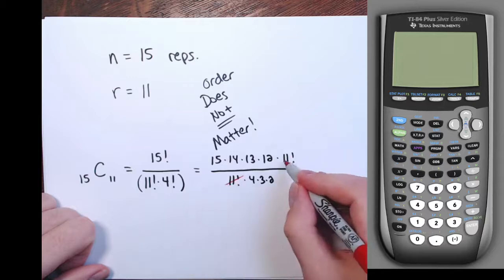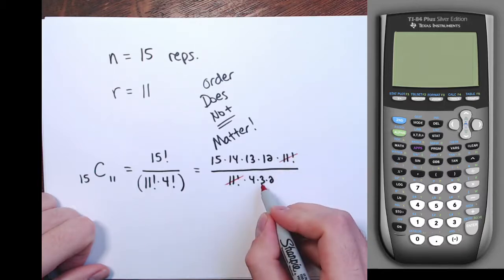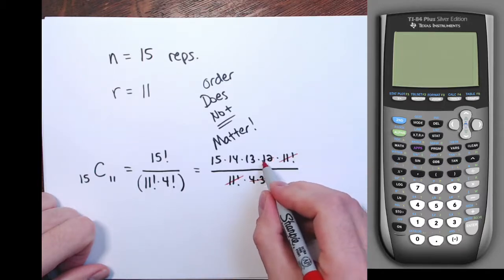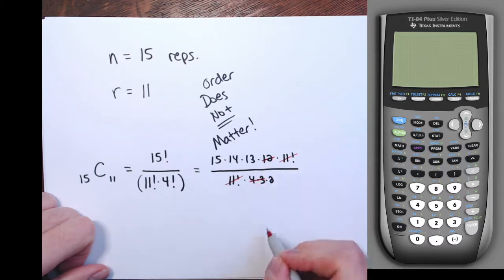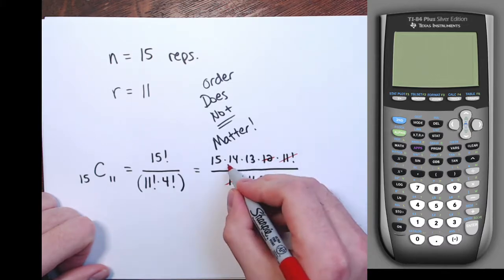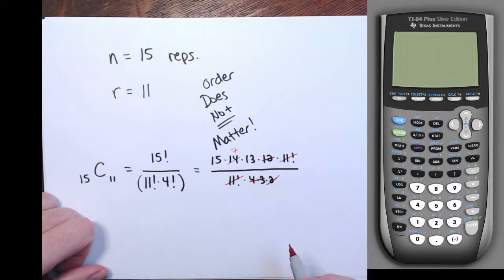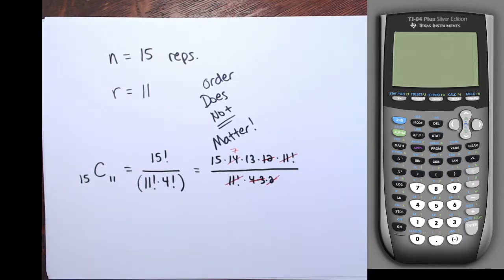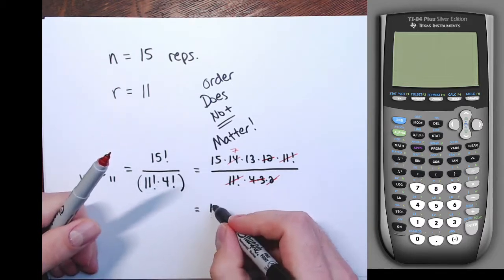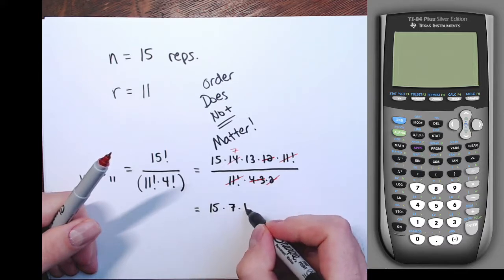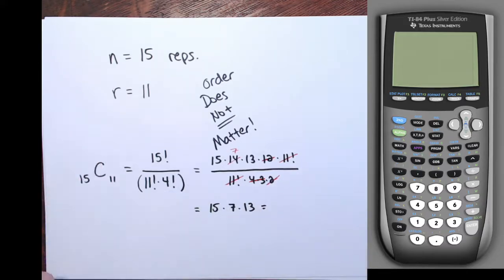The 11 factorials would go, 4 times 3 is 12, so you can get rid of the 12. 2 goes into 14 7 times. So all I'm left with really is 15 times 7 times 13. Alright, so I'll enter that. 15 times 7 times 13.